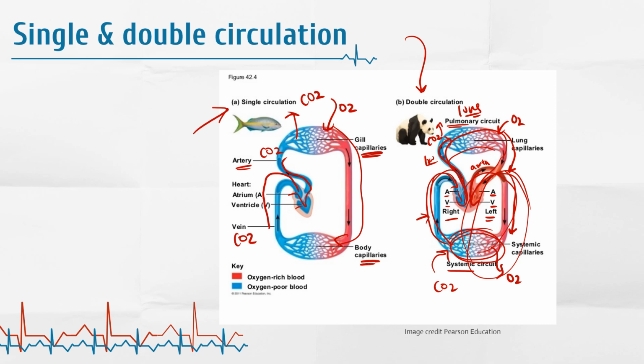Exchange will happen again. O2 out to the cells, CO2 back into the capillaries, and those capillaries will merge into those veins. Veins will carry the blood to the heart, and the heart will pump it again to the gills, where that gas exchange will occur. It's pretty amazing, these different adaptations that we have for different environments that we live in.